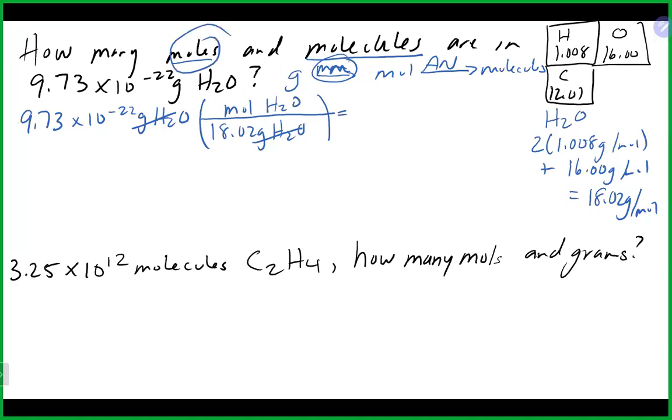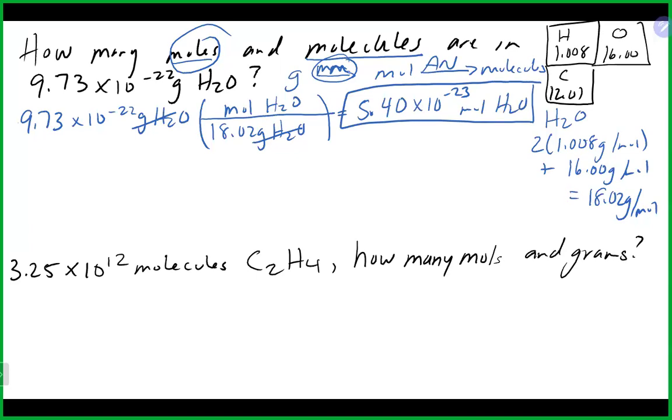So 9.73 exponent negative 22 divided by 18.02. And that gives us 5.40 times 10 to the minus 23. The units here are moles of water. And again, I got the number because that was one of the things that we were looking for. First off, any questions on that calculation?